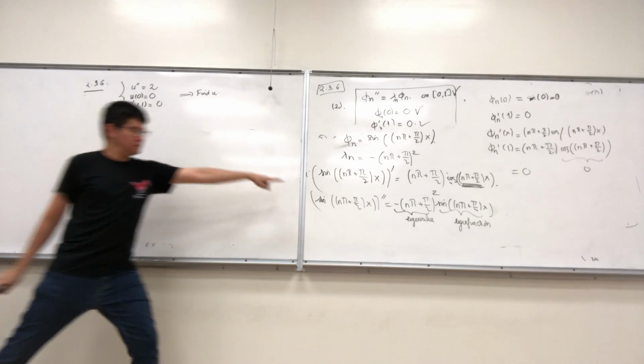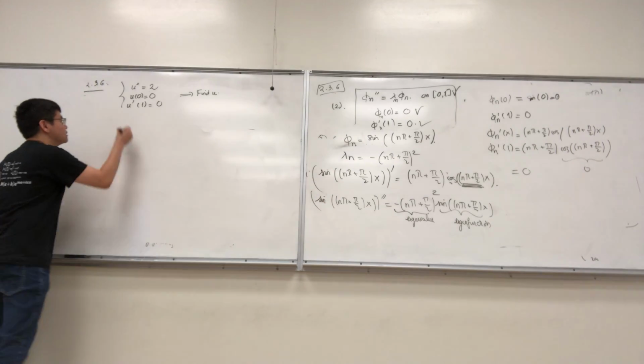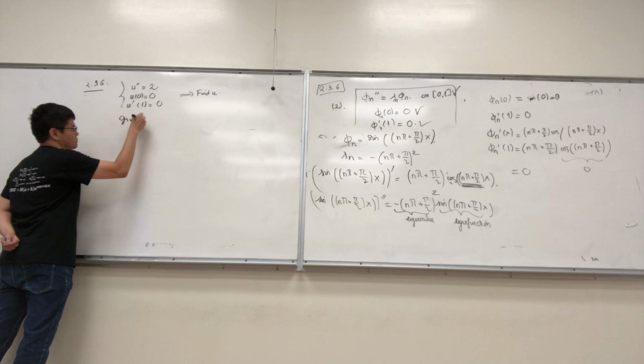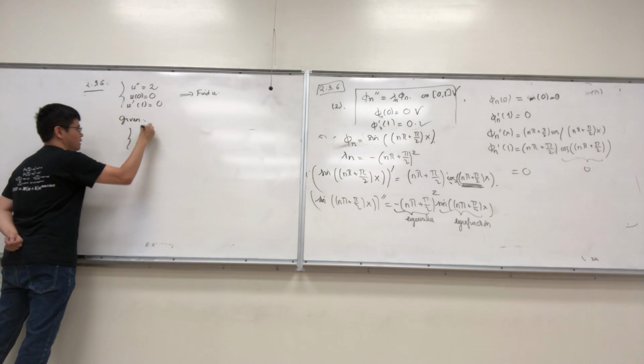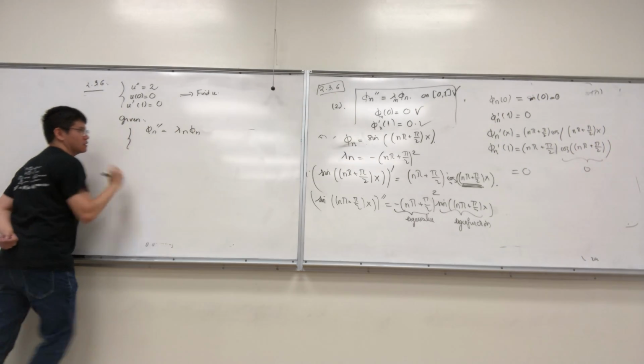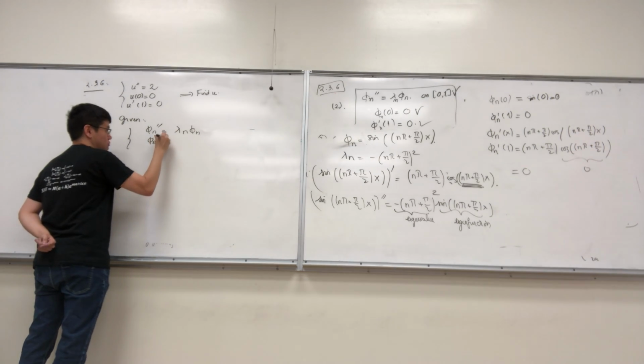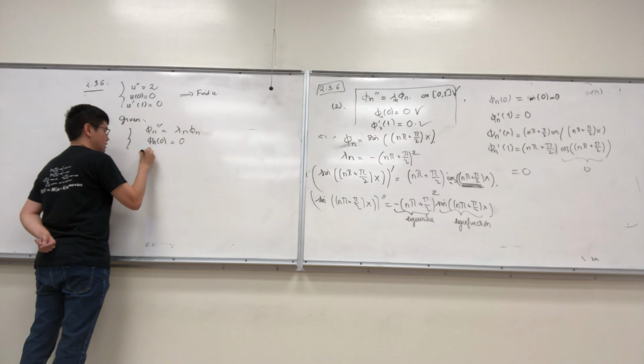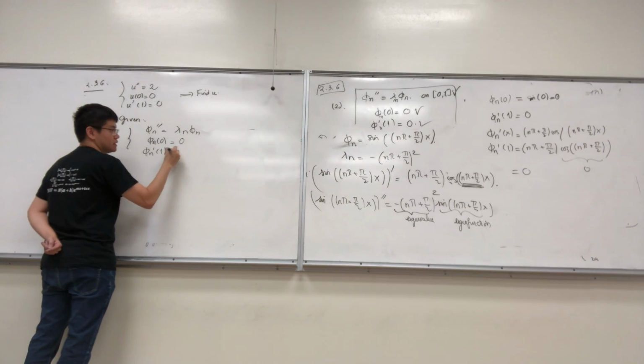So given this set of functions, right? Given that phi n prime second is going to be lambda phi n, and phi n of 0 is going to be 0. Phi n prime at 1 is going to be 0.